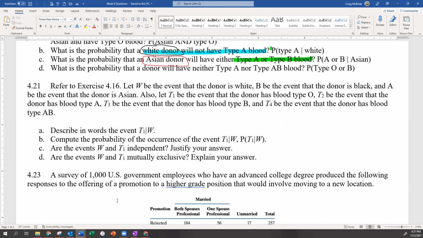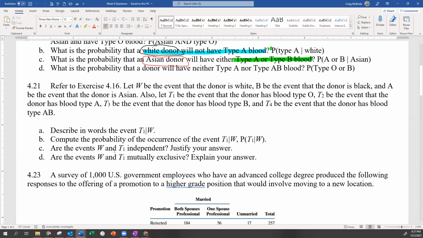Okay, got it. And then the same thing for part C, more or less, when they talk about things being independent or not. If two events are independent, then the probability of either of the events happening has to be exactly the same probability as it happening, given that the other one has happened.